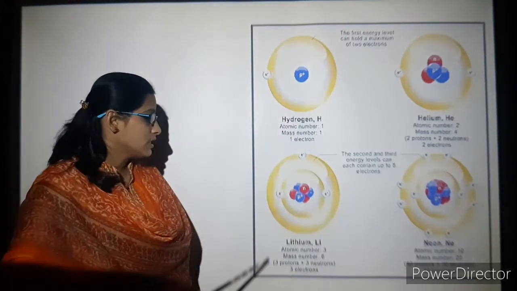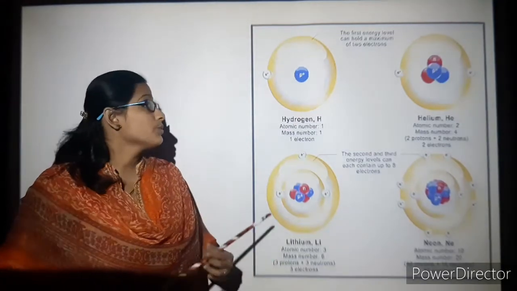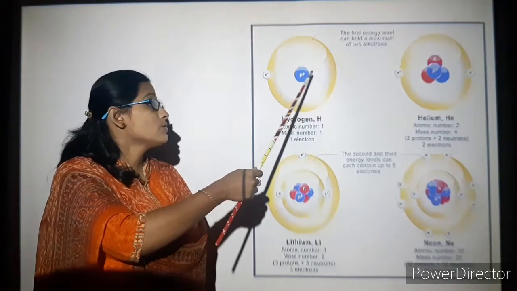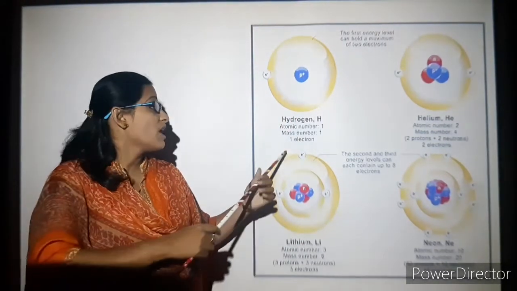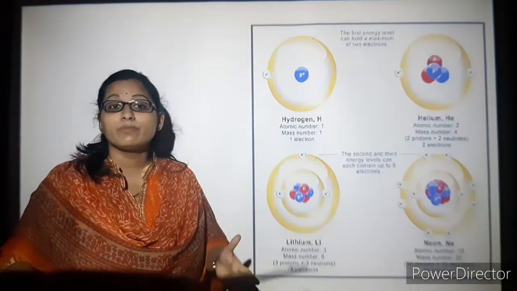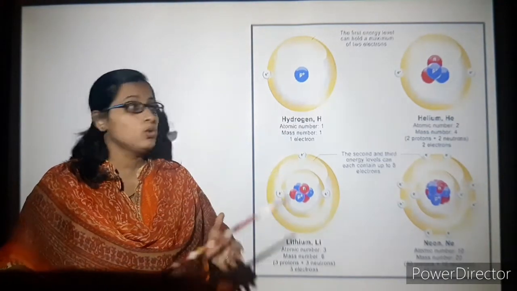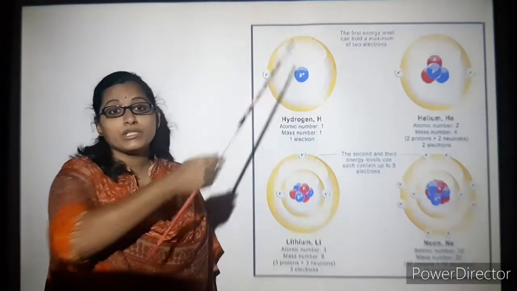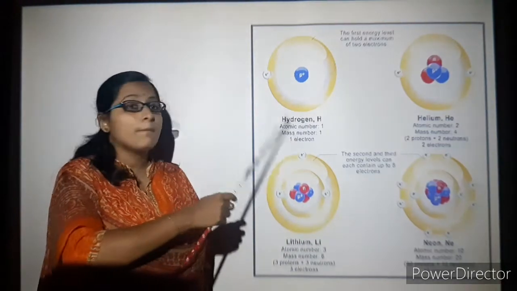You can see that helium's atomic number is 2. Only a proton is present in hydrogen, there is no neutron. The number of protons and the number of neutrons are added together to give the mass number.